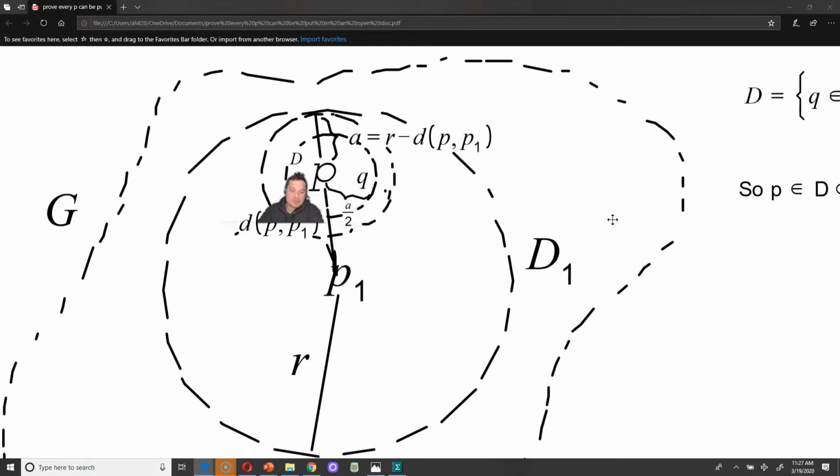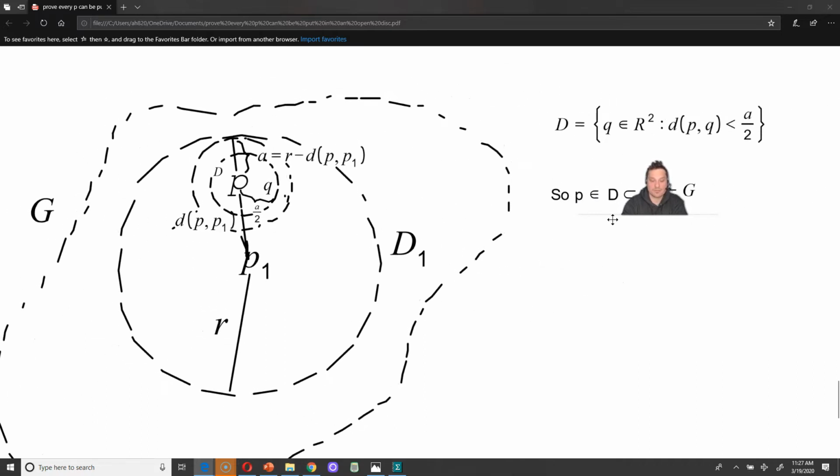P belongs to D. D is a subset of D sub 1, and D sub 1 is a subset of G. Therefore, D is also a subset of G. So I've been able to construct this disk D around P that is a subset of the entire G by looking at this picture. It's all there pretty much. So the conclusion more formally is that P belongs to D, D is a subset of D sub 1, and therefore D is a subset of G. And that proves what we set out to prove essentially.